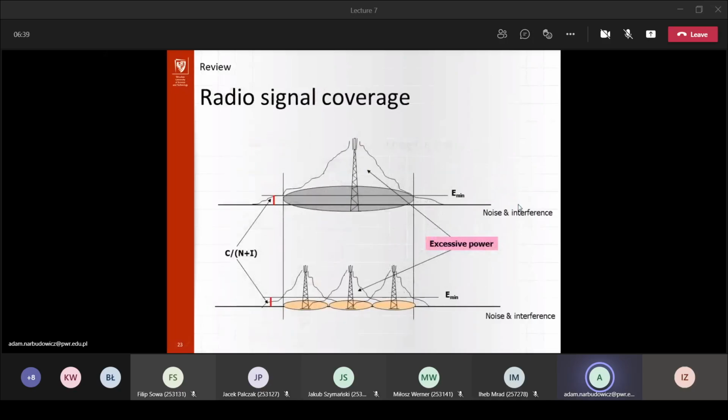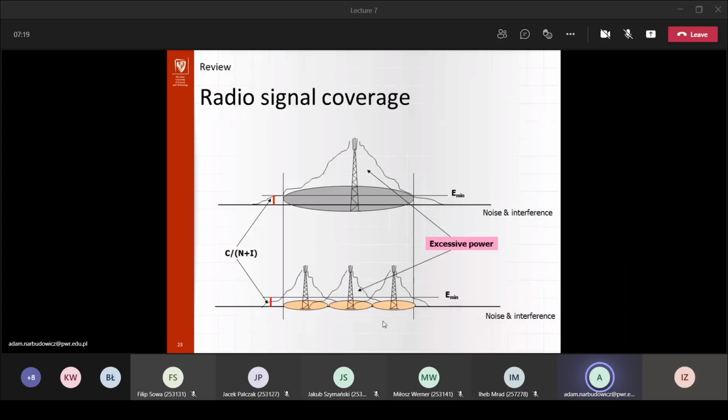Lastly, we also started the topic of the radio signal, which we will continue today, on radio communication and the use of radio signals. What's important here is that you should be aware that there is a useful signal range, and there is also an interfering signal, with the interfering range typically being larger than the useful signal range.